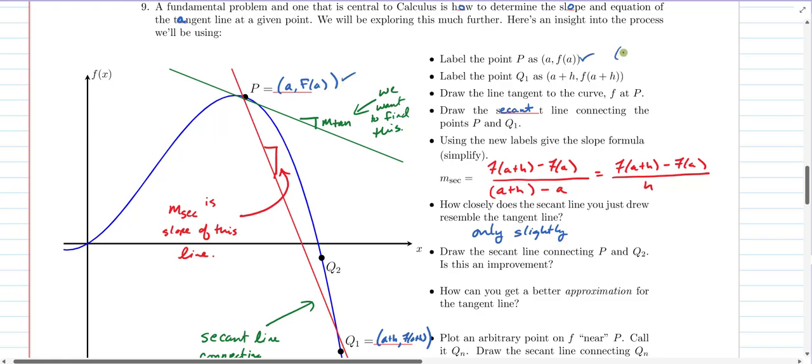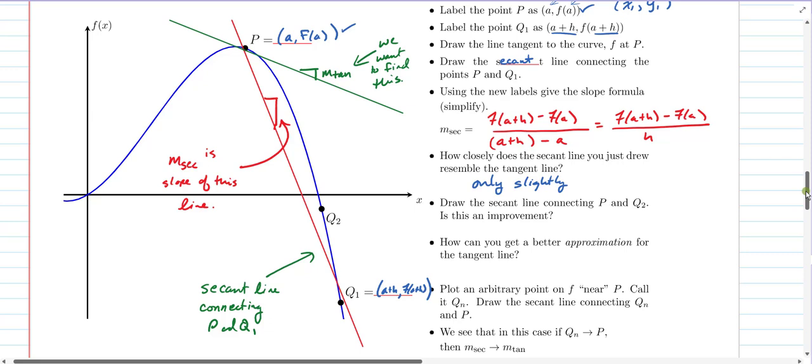We're used to maybe labeling this as x1, y1 in earlier math classes, but we need to learn this advanced function notation, and so I'm labeling the point a little bit differently, saying this is an x coordinate, and if I know a function, that's how I'd find the corresponding y coordinate. Similarly, we labeled the point Q as a plus h, f of a plus h. And so in this case, you should be wondering, what does h represent in this problem? And here I want to show you this.